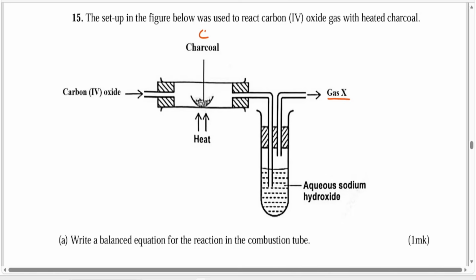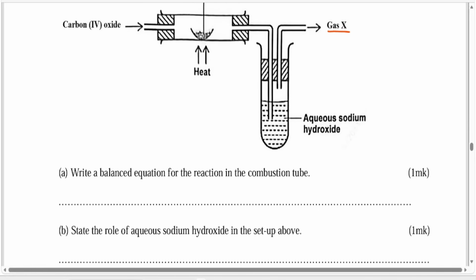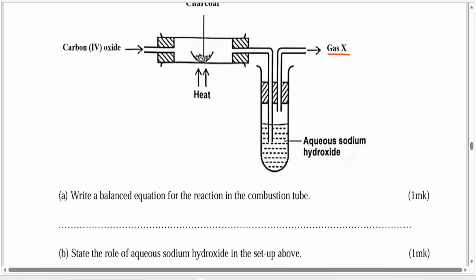So what do we expect in the combustion tube? We expect carbon dioxide to be reduced to carbon 2 oxide, and the carbon 2 oxide is the gas X. Excess carbon dioxide is absorbed by aqueous sodium hydroxide at this point.